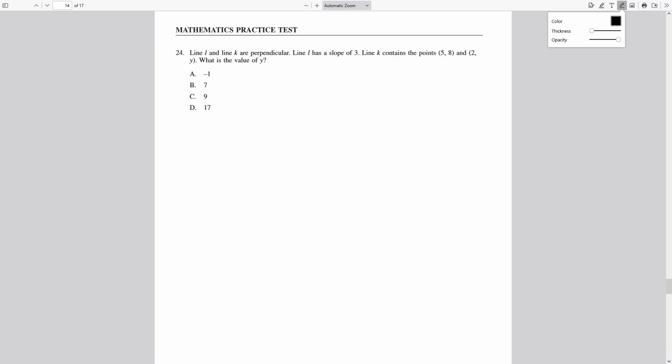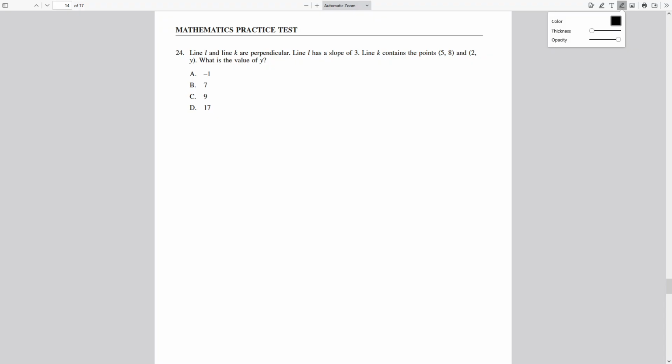Line L has a slope of 3, and line K contains the points 5, 8, and 2y.